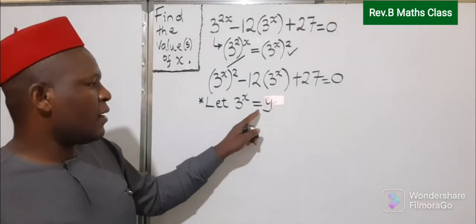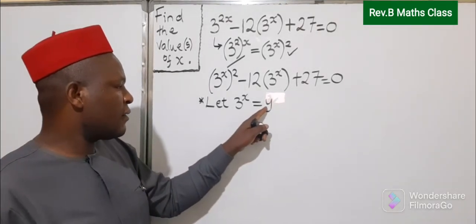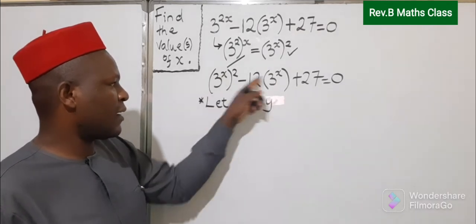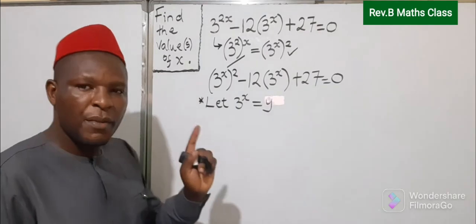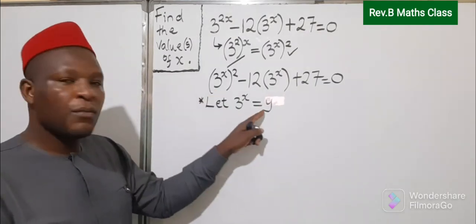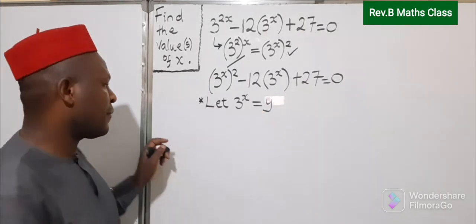You can pick any other letter to represent 3 power x apart from the x. Which means where there is 3 power x, I'm going to put a y.